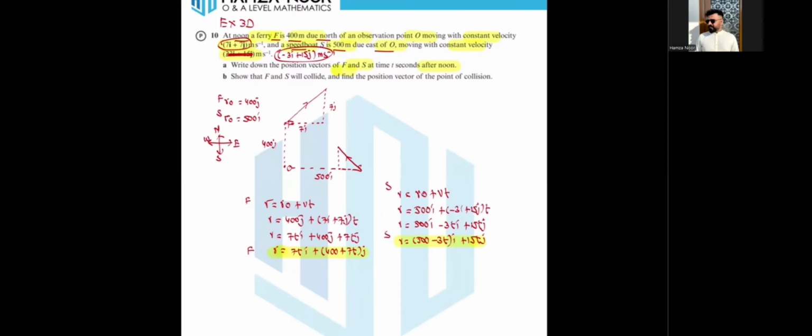Now in part B, we need to show that the ferry and the speedboat will collide, and find the position vector of the point of collision. Here I'm also going to prove that the original information given in the question, that the constant velocity vector of the speedboat is 23i + 15j, is incorrect, because if we use that, we would not be able to show that they collide.